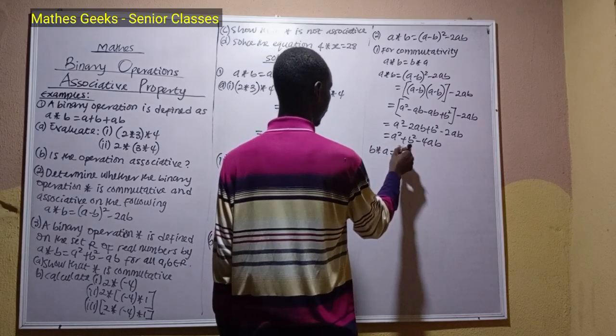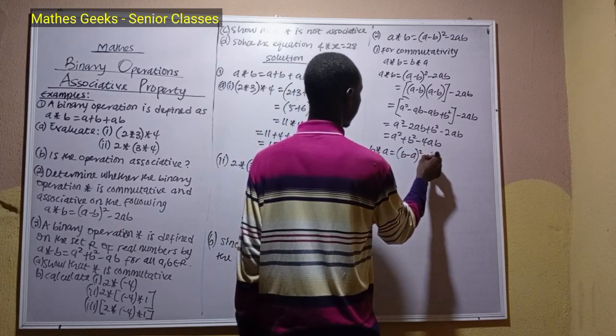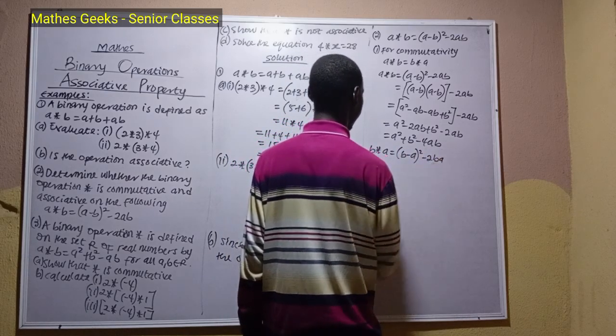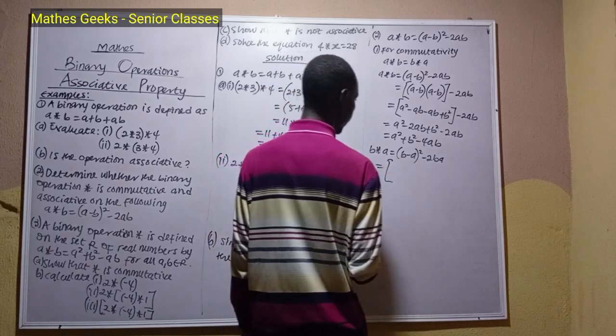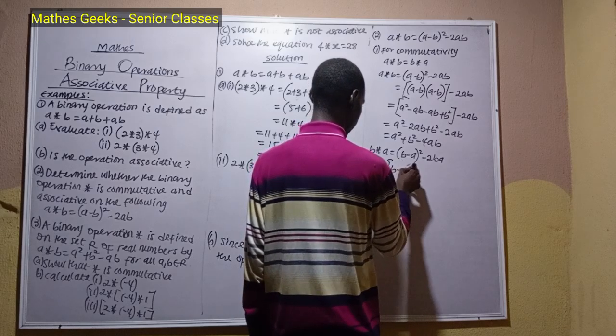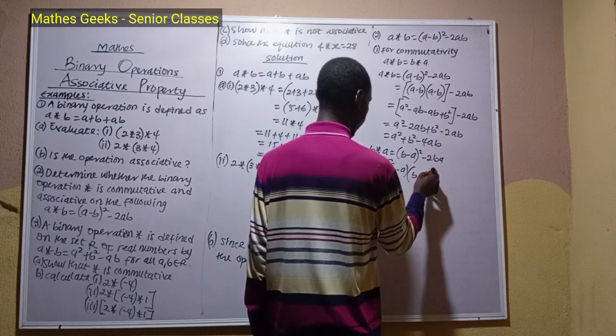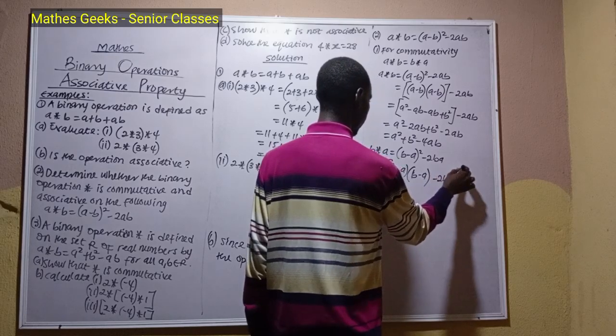B star A is equal to (B minus A) squared minus 2BA. And so this will give us (B minus A)(B minus A) minus 2BA.